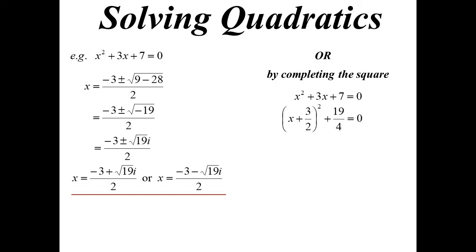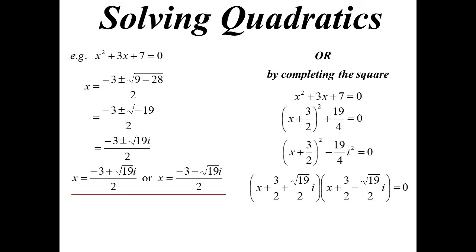But we can now rewrite 19 on 4 as minus 19 on 4 i squared, because i squared is negative 1. We get it as the difference of two squares, therefore it factorises to be x plus 3 on 2 plus the square root of 19 on 2 i, x plus 3 on 2 minus the square root of 19 on 2 i, and so we get the same two answers, obviously. So it gives us an alternative way, I guess, of solving quadratic equations.